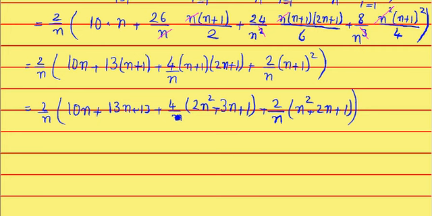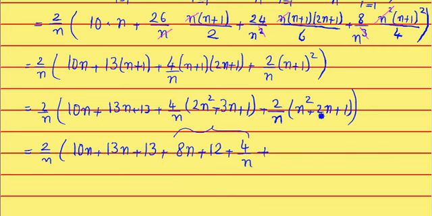Now I'm going to do term by term multiplication again. 2 over n, 10n, 13n, 13. Divide these terms by n. 4 times 2 makes 8. n squared over n is just an n. n over n is just 1. 4 times 3 is 12. 4 over n times 1 is just 4 over n. So this is that opened up.